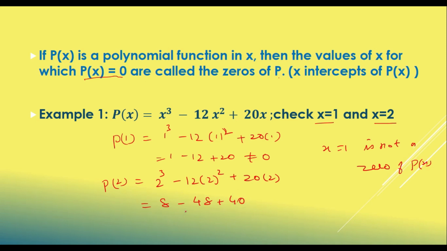So minus 48 plus 40 plus 8, this is equal to 0. So x is equal to 2 is a zero of the polynomial function p of x.